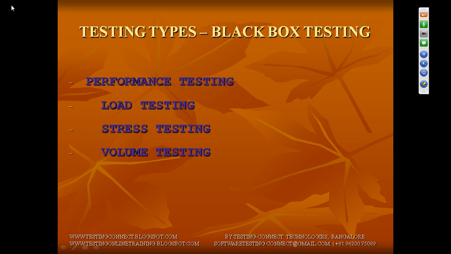Volume testing. Volume testing is nothing but like what is the maximum size you will be able to attach to your Gmail email. Okay, a maximum of 25 MB you can attach, more than that you cannot attach. So this comes under volume testing. Okay, you cannot attach executable files, you cannot attach more than 25 MB.